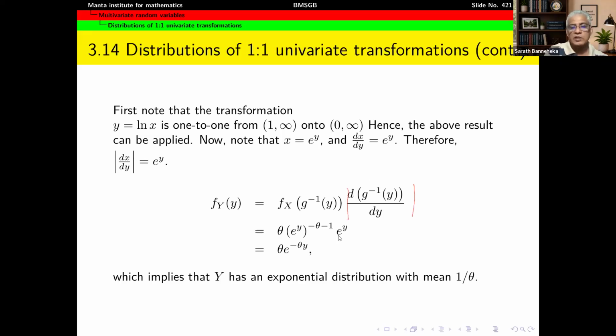And then take the multiplication with the derivative. So therefore, when you simplify this, you get this expression, and we can identify that as an exponential distribution with parameter theta. Right. So that is also a very interesting result.